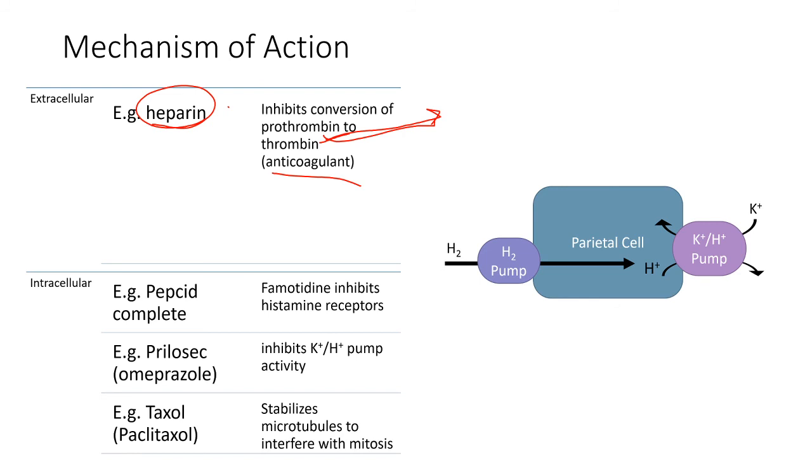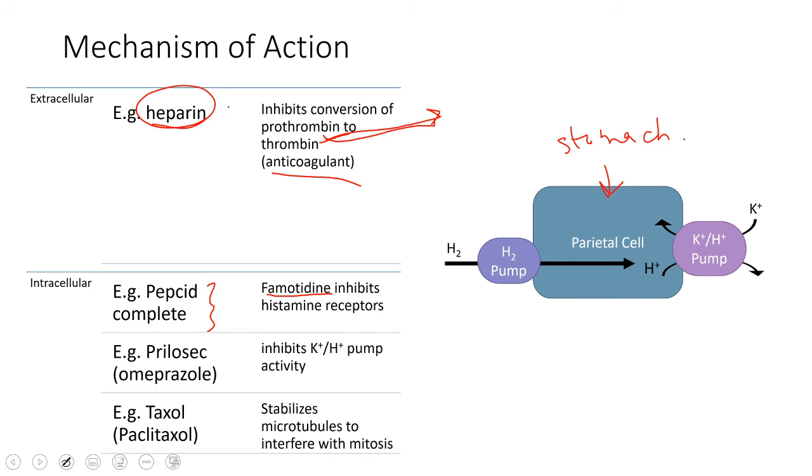Intracellular examples would be Pepcid, an antacid, which is extracellular, but there's also famotidine, which inhibits histamine receptors on parietal cells on the stomach lining. So this is on the stomach.